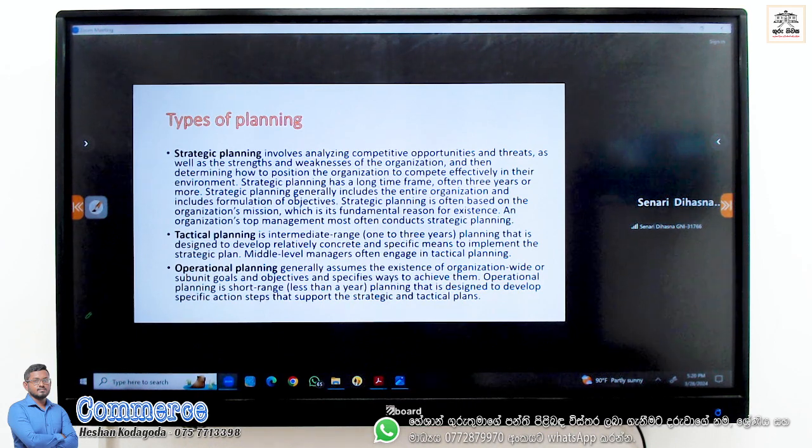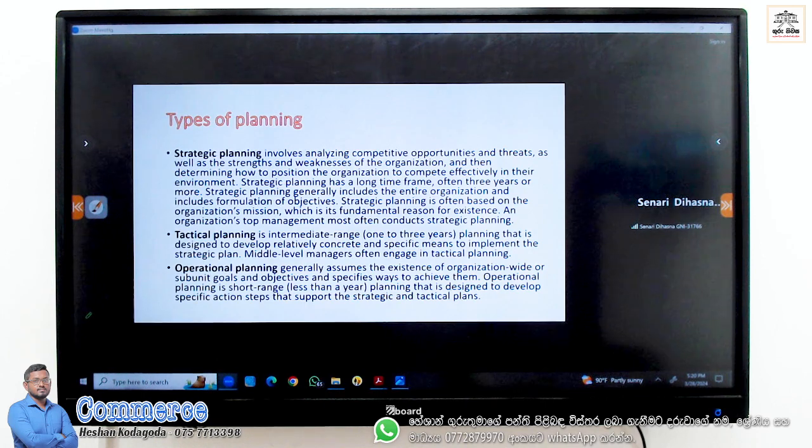This type of planning has a long time frame, often 3 years or more. It generally includes the entire organization and includes formulation of objectives. Strategic planning is often based on the organization's mission, which is its fundamental reason for existence. An organization's top management most often conducts this type of planning.